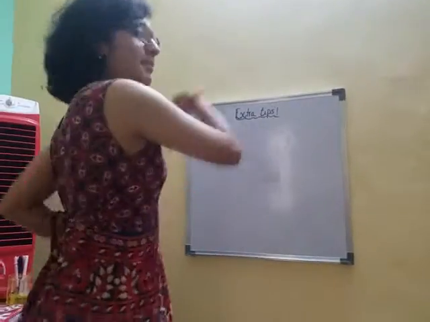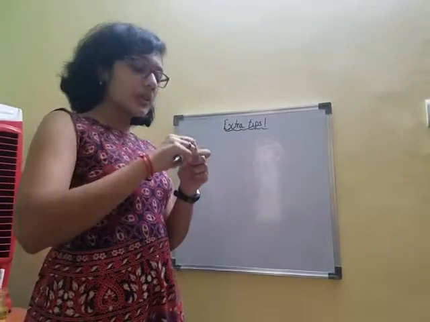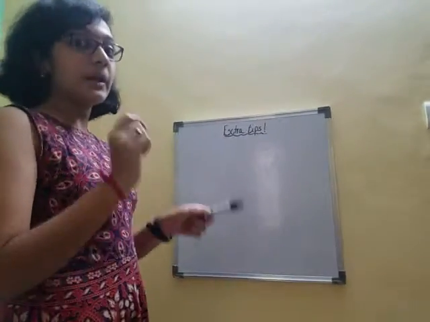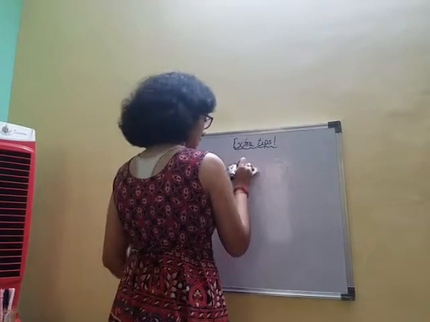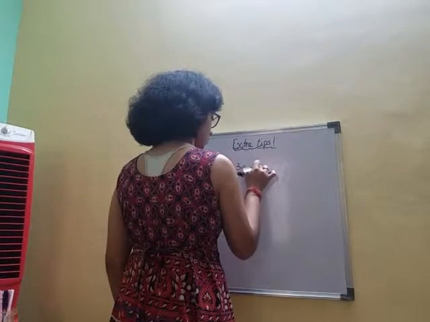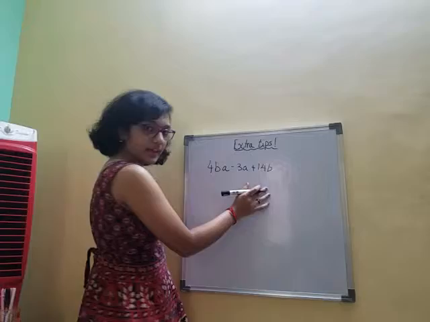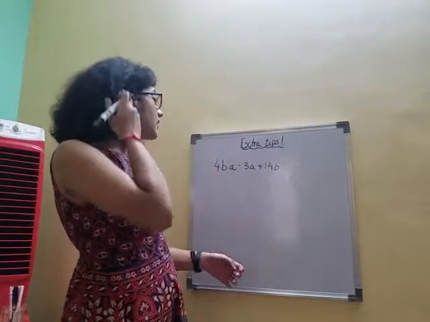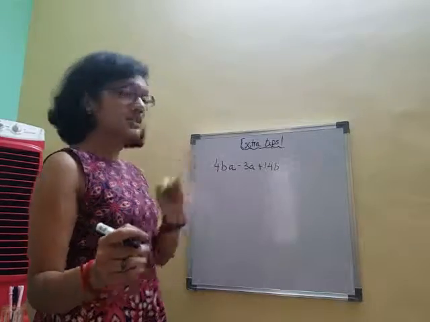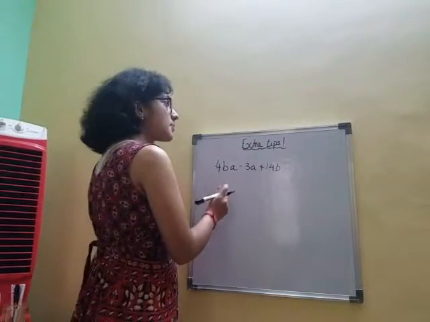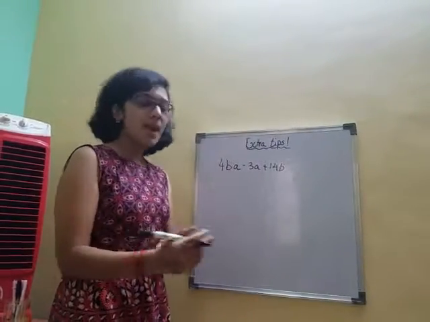So these are some extra tips. In the previous question, we saw that I rewrote 4BA minus 3A plus 14B like this because there's a special format that you have to follow while writing answers which have more than one variable. Basically you have to follow alphabetical order.